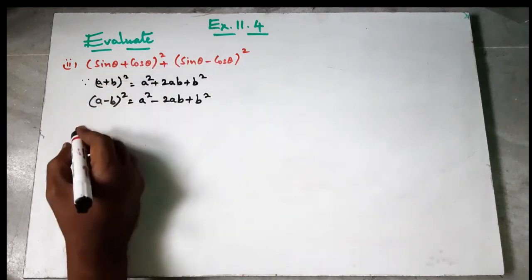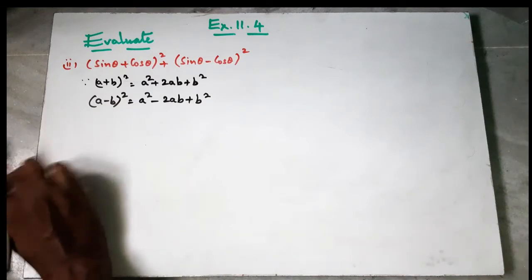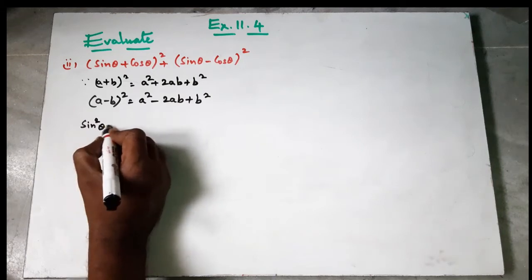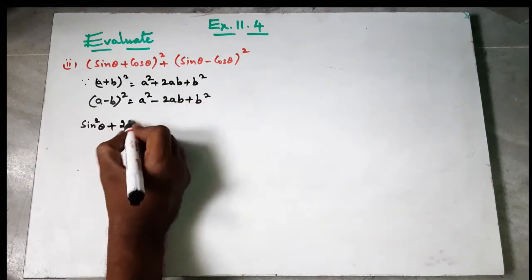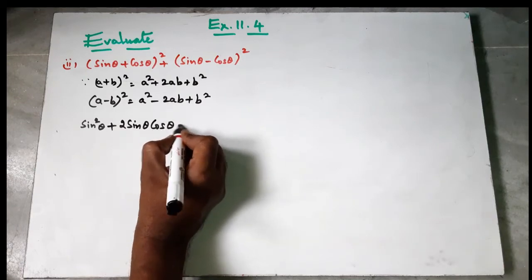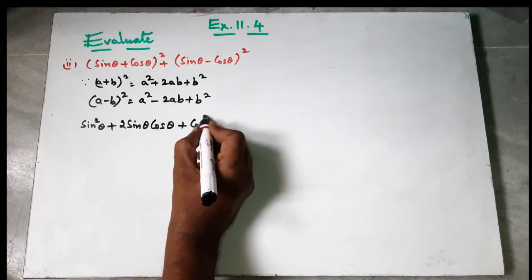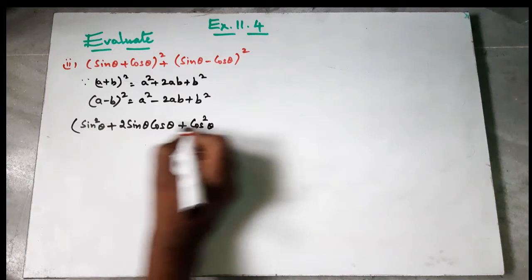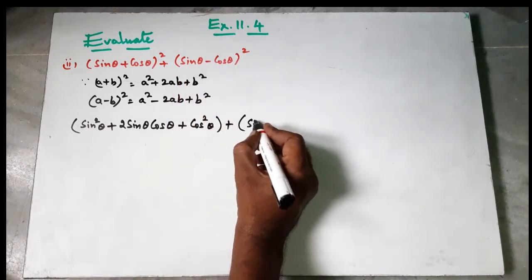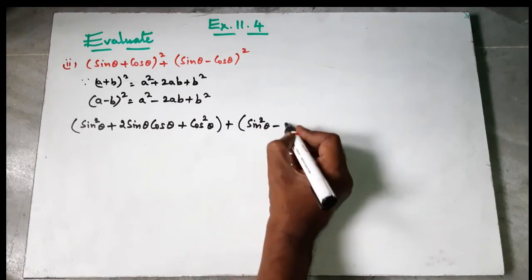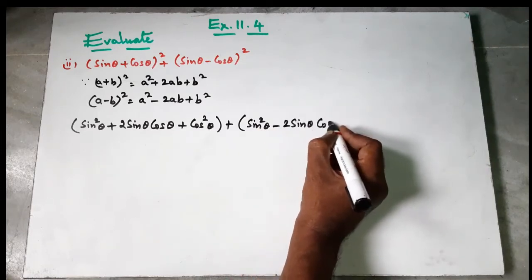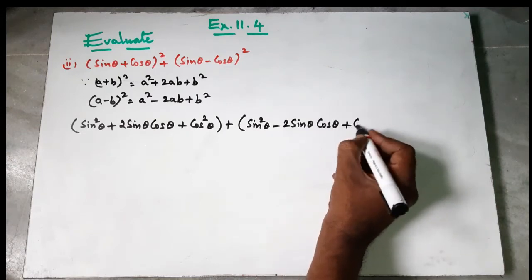So for the first one, a square means sin square theta, plus 2ab, 2 sin theta cos theta, plus cos square theta. Okay, this is one, plus here a minus b whole square: a square minus 2ab, 2 sin theta cos theta, plus cos square theta.